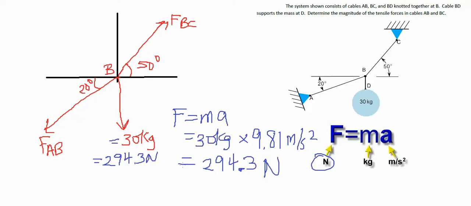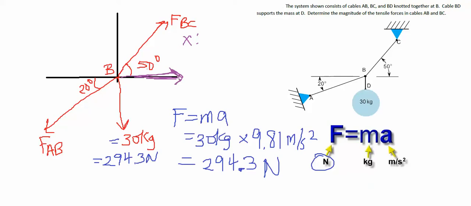Okay, and now the next step is to break each force into its x and y components. So here, starting with FBC, we need to break the force into its x and y components. In order to find the x component of FBC, you want to look for the component of this force that's going in the x direction.